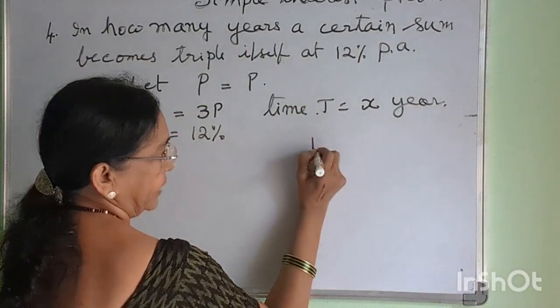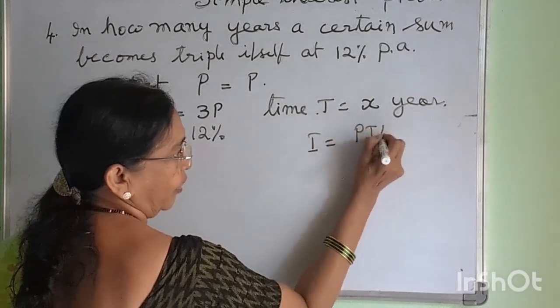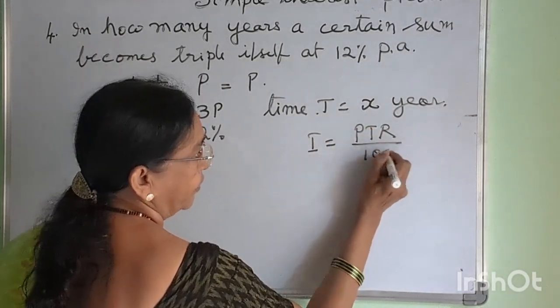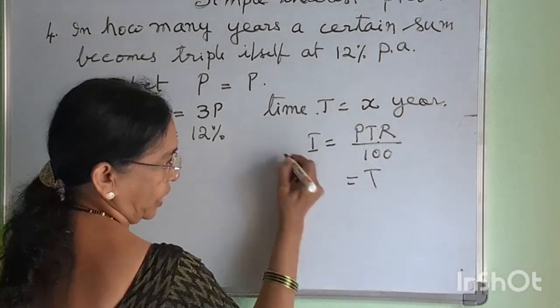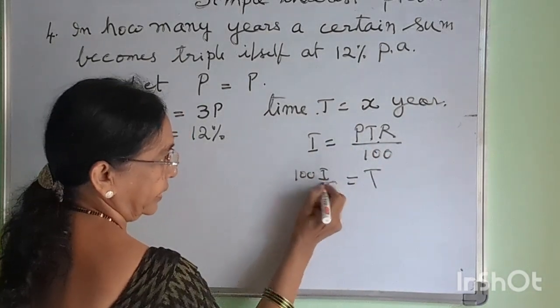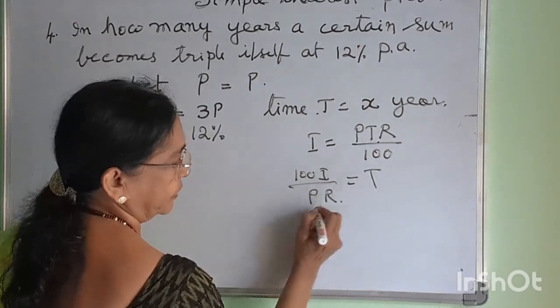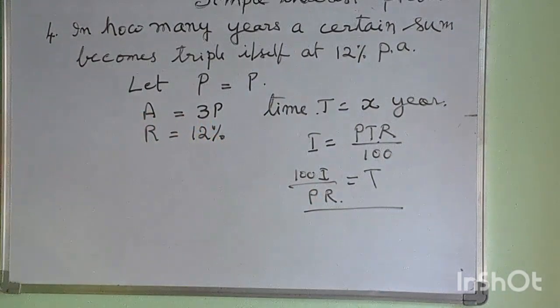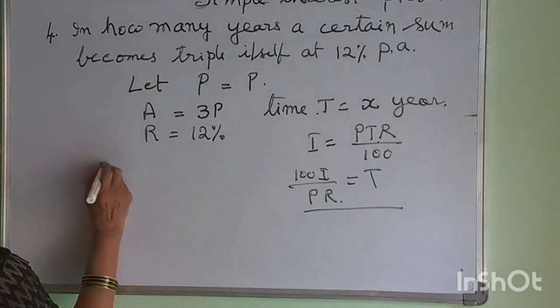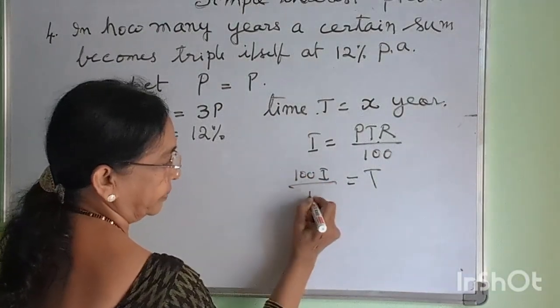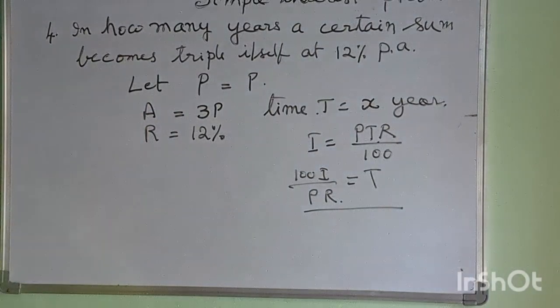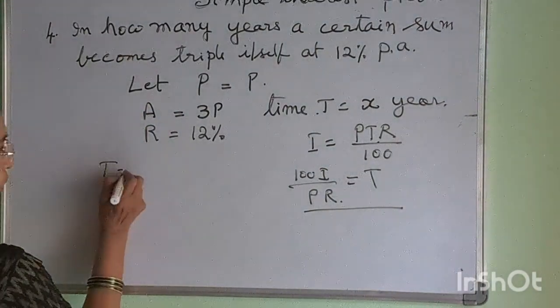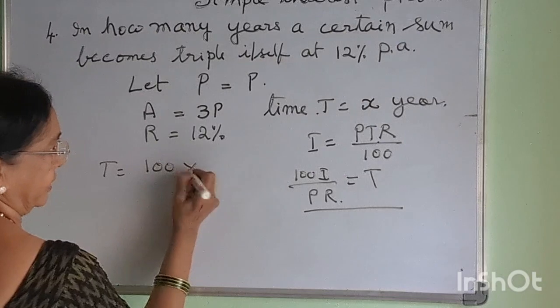We know that I is equal to PTR by 100. From this, T is equal to 100 I by PR. We use this formula.